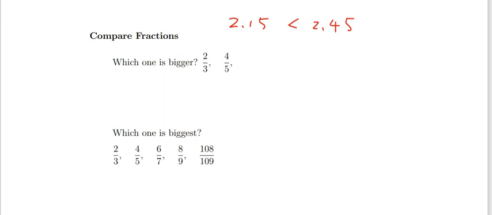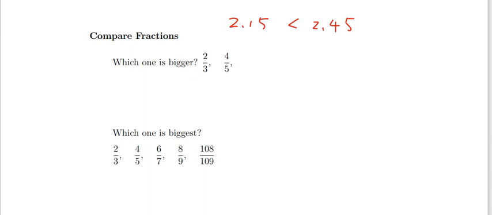But for fractions, sometimes it is not so easy because the denominators are not the same. One way is to change to decimals. But sometimes changing to decimals takes too much time. So we try to have a quick way.